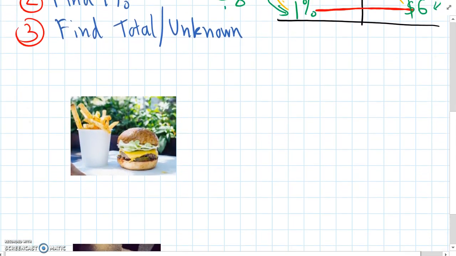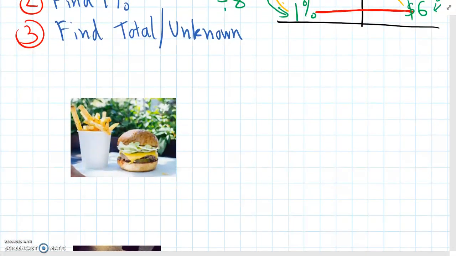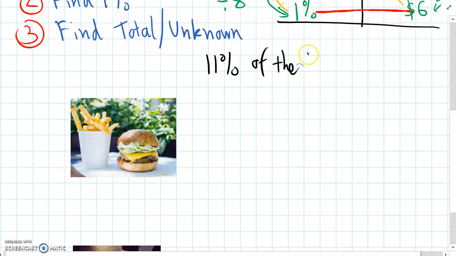Okay, let's do a couple more examples. So if you go out and get some burgers, and it's with a group of friends, and the food bill for the burgers we're not sure about. But you do know, for some reason, that 11% of the bill is $77.